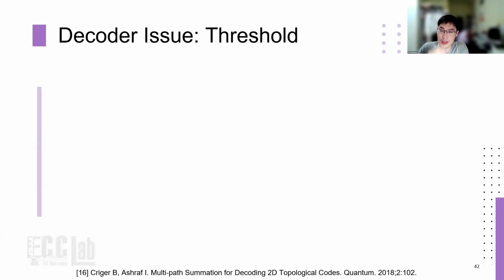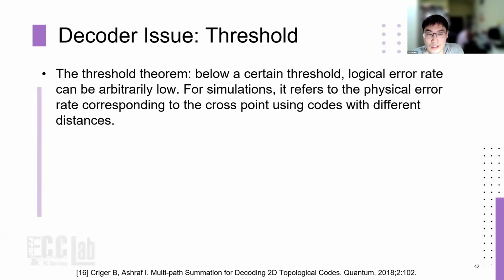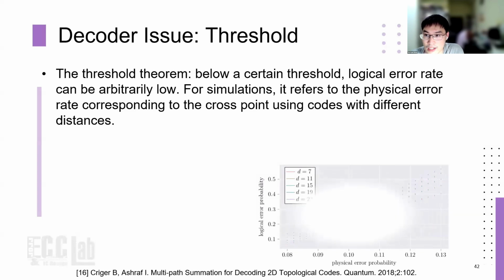Second is the threshold. The theory says that below a certain threshold, the logical error rate can be arbitrarily low. In simulation, it refers to the physical error rate corresponding to the crossing point using codes with different distances. As in this figure, there are different distances of the surface code.